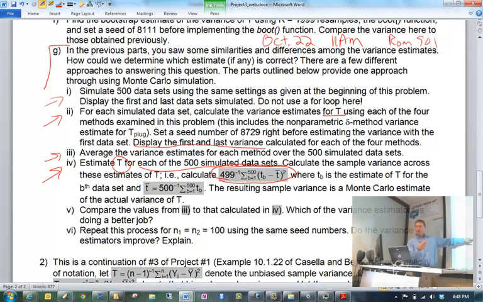Since this has a large number of samples, of course, and we know from the weak law of large numbers that this is going to get to about where you want it to be. That's why this is an estimate of the actual variance. It's going to be a very good estimate. So what you need to do then is take what you got in part 3 from your estimators and compare them to what the actual variance is. If what you get in 3 is about the same as in 4, great.